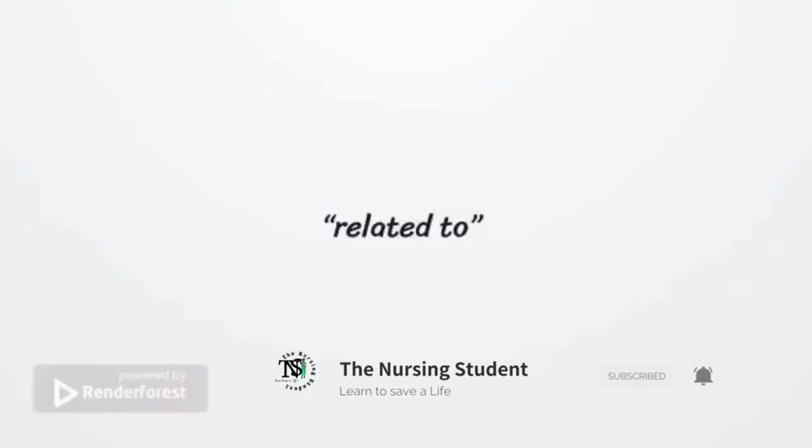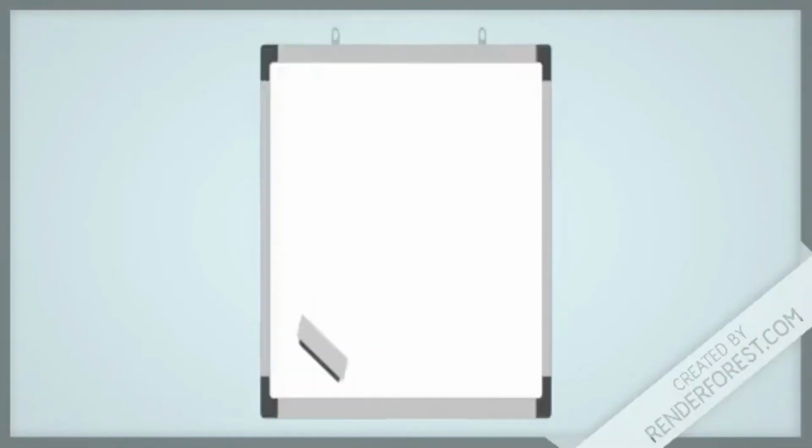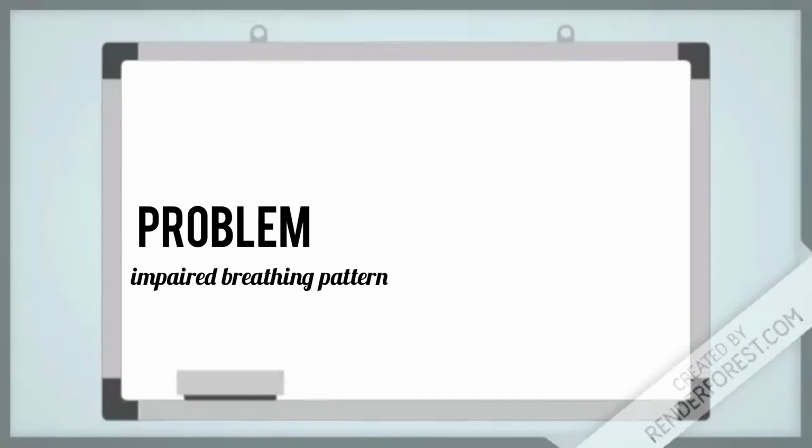Just like we have English words, for example, the FANBOYS, which is a mnemonic for the seven conjunctions used to join sentences. The seven conjunctions are for, and, nor, but, or, so, yet. That is how the nursing diagnosis also works. We use conjunctions to join those two parts together. So we have our problem, which is impaired breathing pattern.